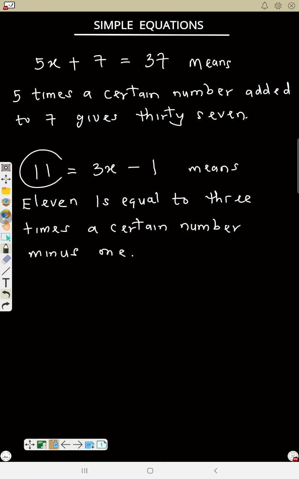So 11 is equals to 3 times a certain number minus 1. So that is the meaning of this equation.